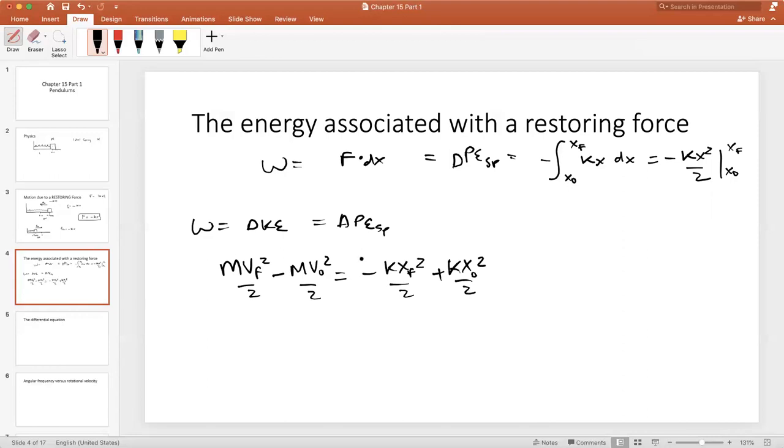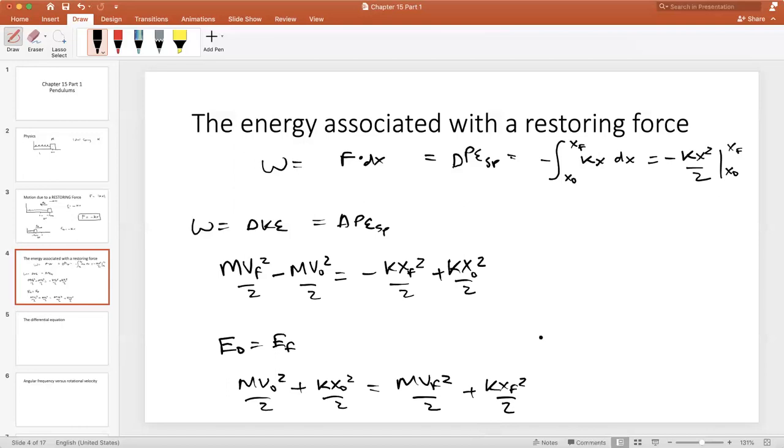And by conservation of energy, which is why this is in fact a conservative force, we only care about the endpoints, and therefore the energy initial is equal to the energy final. By moving the initial kinetic energy over and the final spring energy over, we get that mv initial squared over 2 plus kx initial squared over 2 is equal to mv final squared over 2 plus kx final squared over 2.